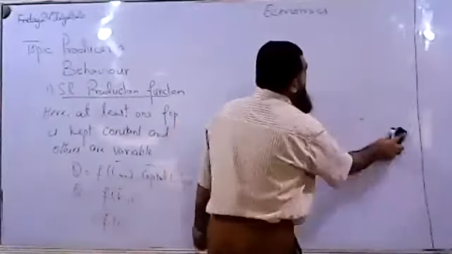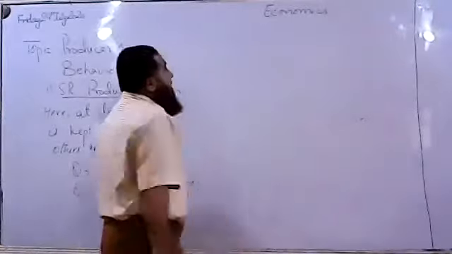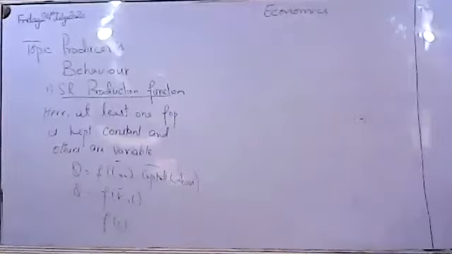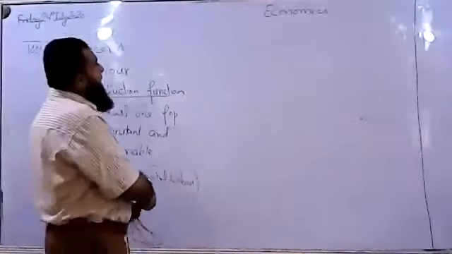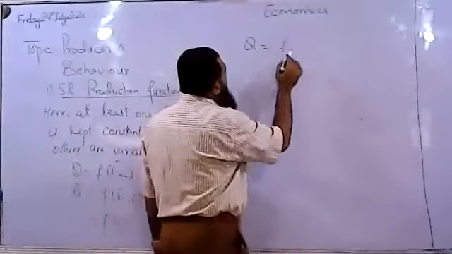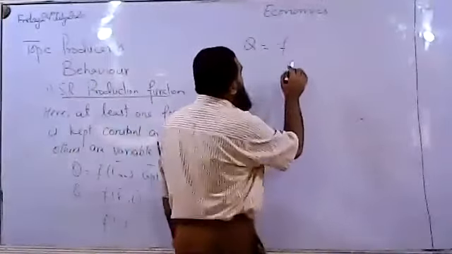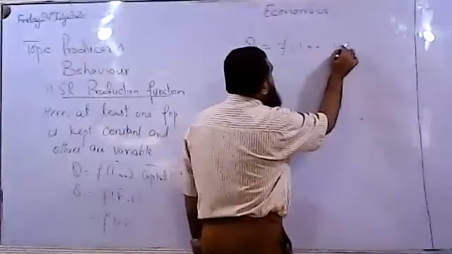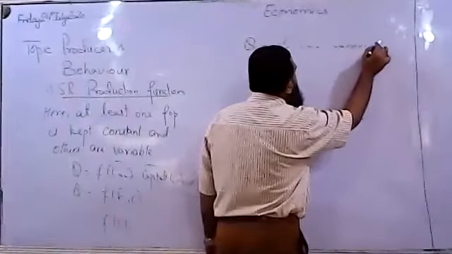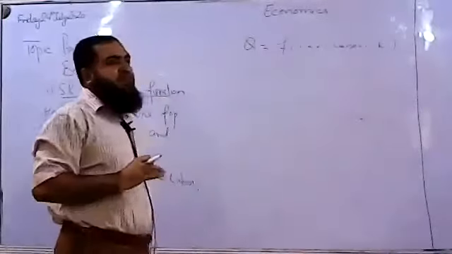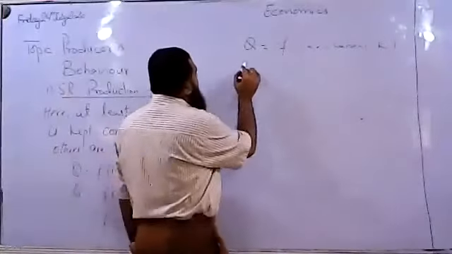We cannot say that it is only a 1 year time, 2 years time, or 3 years time. We say whenever a firm is able to have all the factors of production variable. So it is now all factors like land, labor, and capital. They are all now variable. Nothing is kept fixed.